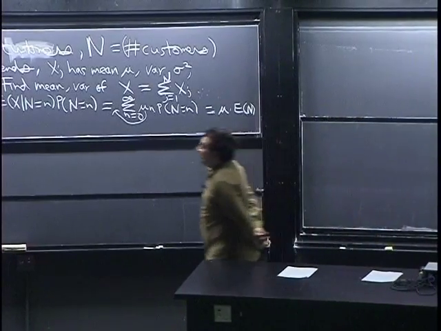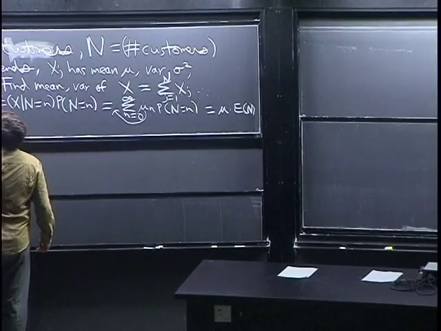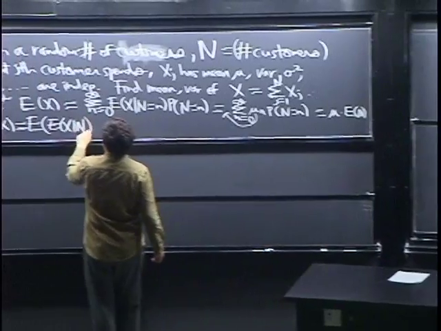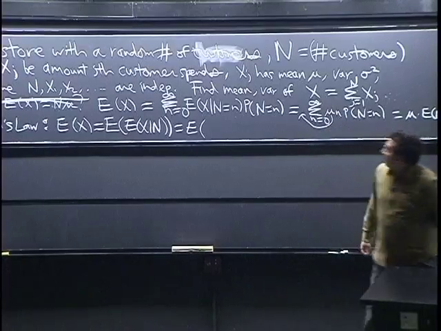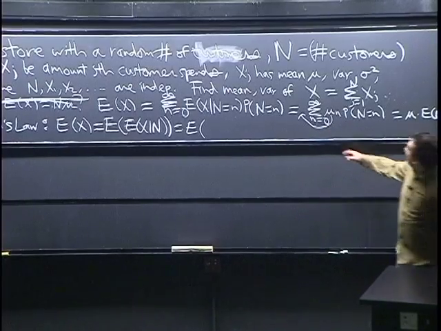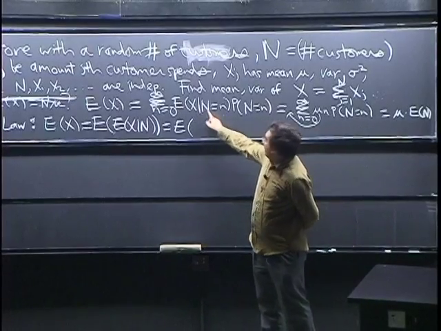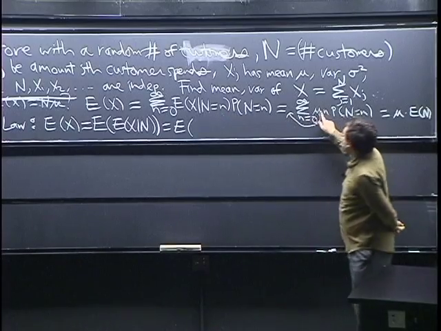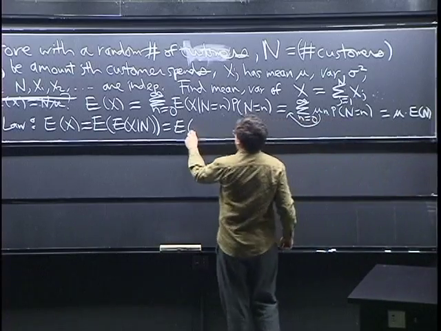So Adam's law, or iterated expectation, just says we can do E of x given n. Okay, to get E of x given n, we just take E of x given n equals little n, which was mu times little n, and we replace little n by big N. So that's mu times n.